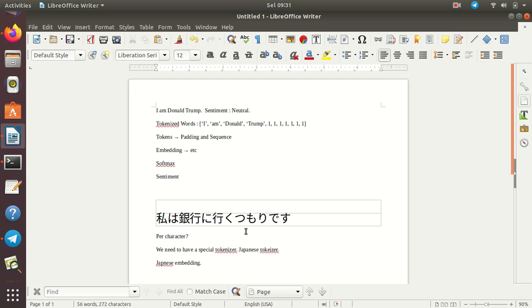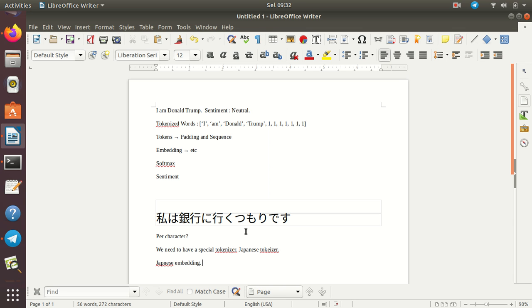And if you do it per character, you're going to miss meaning, because in Japanese, pairing this kanji with that kanji means something, but pairing it with another kanji makes a different meaning.